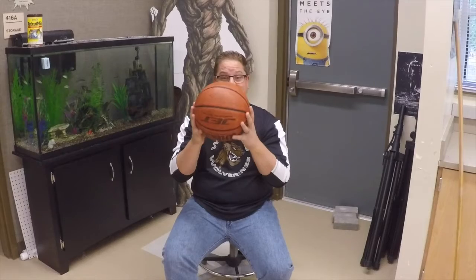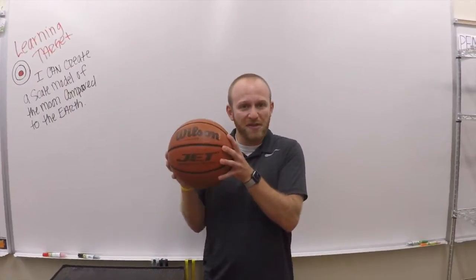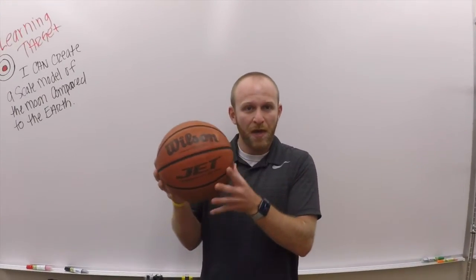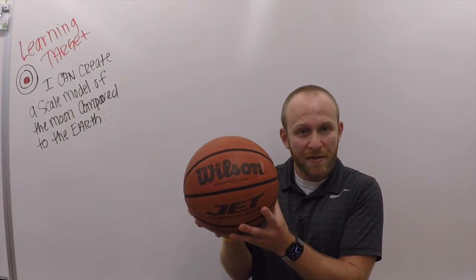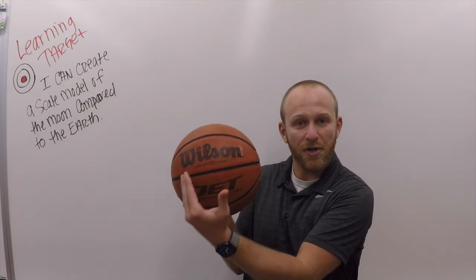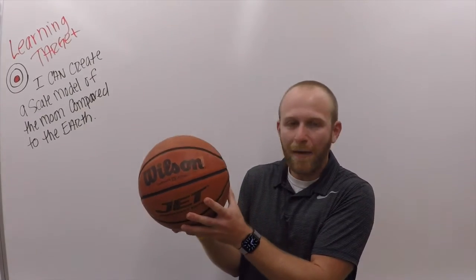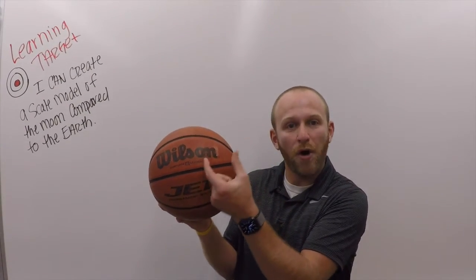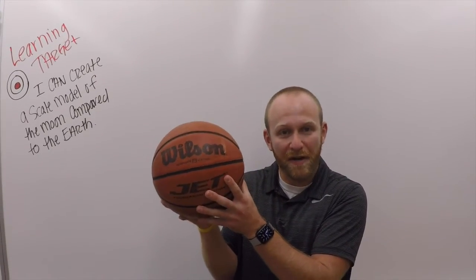This is something you could grab and say, oh, let me explain this to you. If this was the size of the Earth to scale, I wonder how big the moon would be in comparison. Let's take a look. All right, so if this was the size of Earth, remember what we talked about. 4 moons can fit across Earth, okay? So what we have to find is what object can we fit 4 of across this basketball, okay? Because remember, we scaled the Earth down to this size.